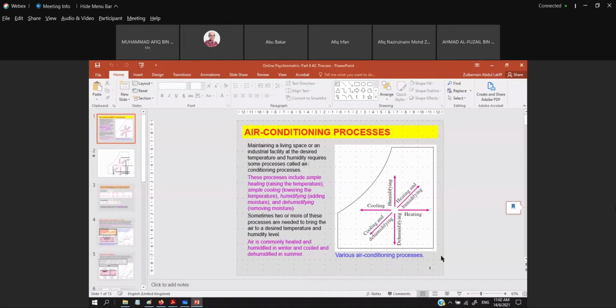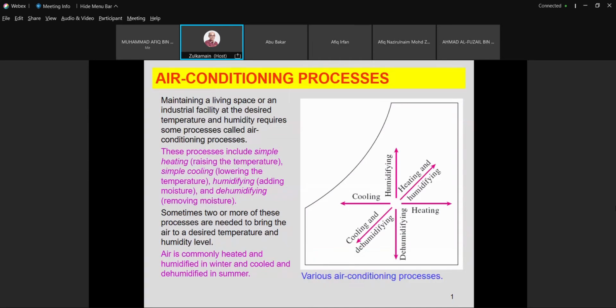So in air conditioning processes, we can see that there are several processes that can be defined in the air conditioning system. And these processes are usually represented by the direction of the process, which we can sketch in the psychrometric chart. Okay.